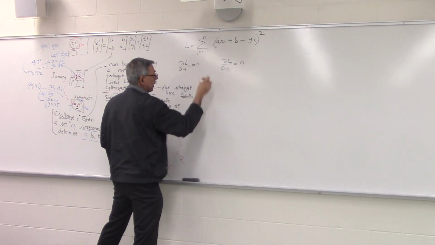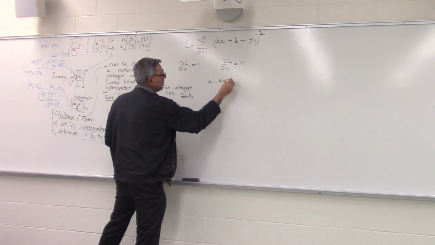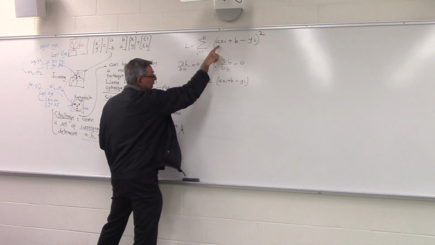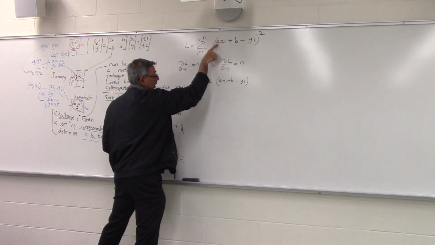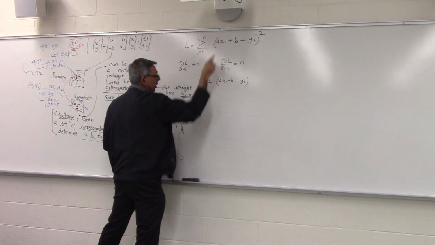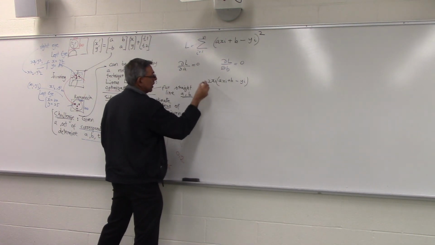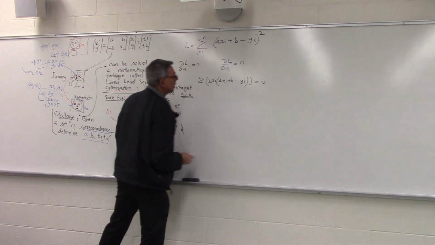The 2 will come in over here, correct? A x of I plus B minus y of I. Then further, for the inside, I take the partial with respect to A. So what will I get? x of I, the input. Then sum over all the points and set it equal to 0.